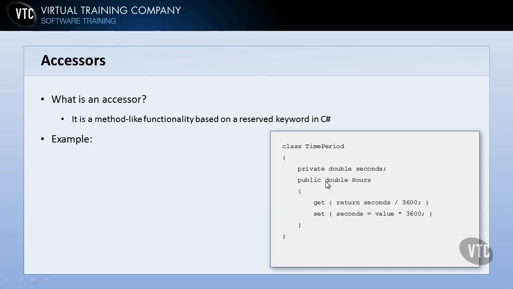Now, here's what's going to happen in code. We're going to create a new instance of time period, with the variable name t, so it's an object named t. When we call a message box and say time in hours is, notice t.hours, we're reading that value from that property.